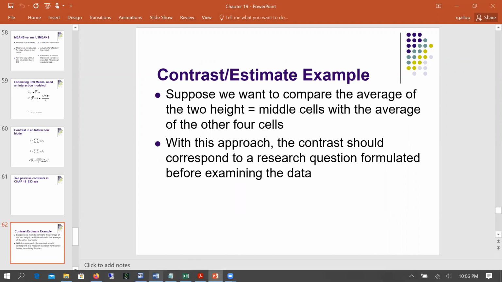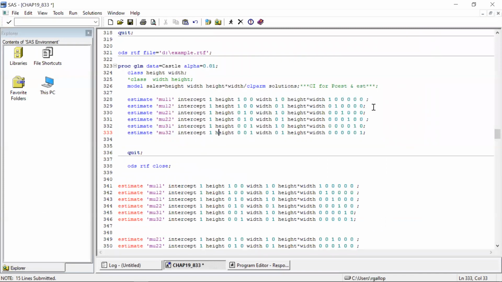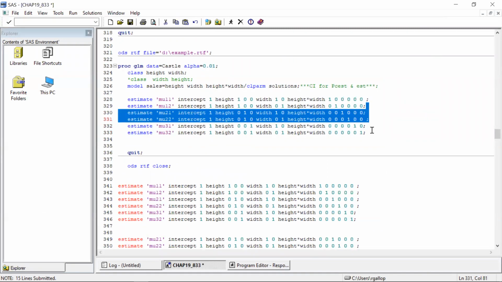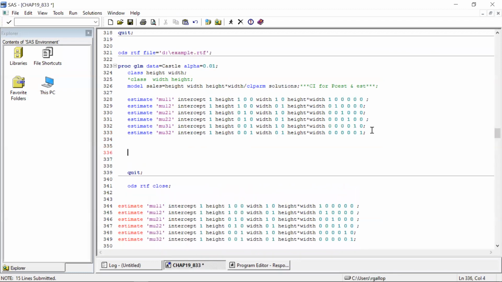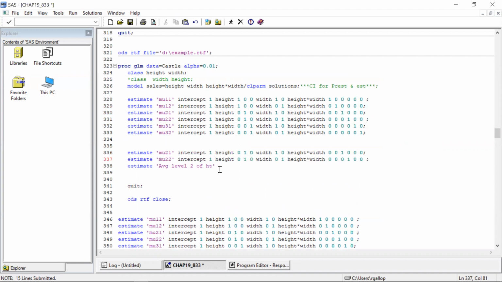So if we go back to this, so let's go ahead and do this ourselves. So if we go back to SAS, so we want the average of the middle two. So the average of level 2 height. So in this case here, I'm going to grab these middle two that we just did. And like we said, in this case, this average is adding the 2 coordinate-wise and dividing by 2.